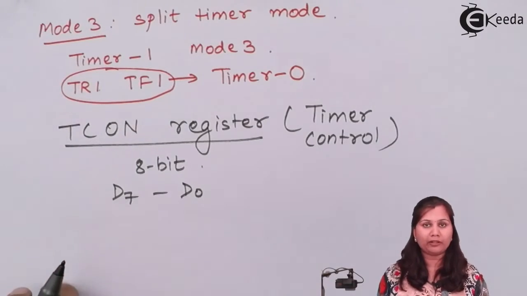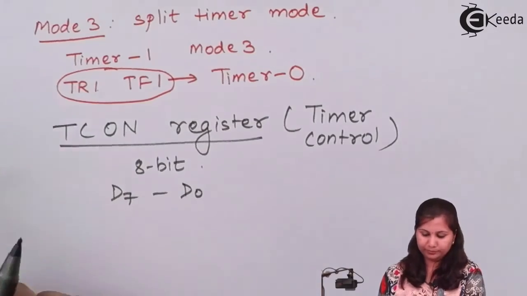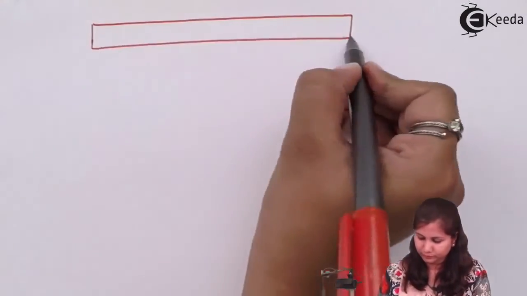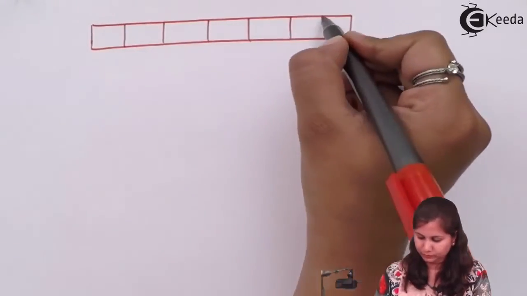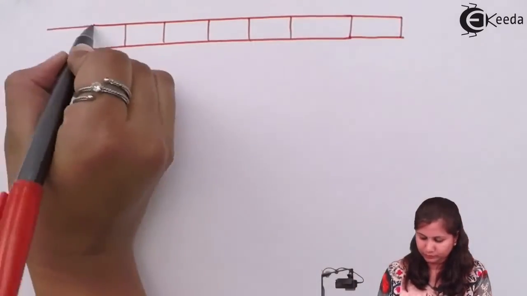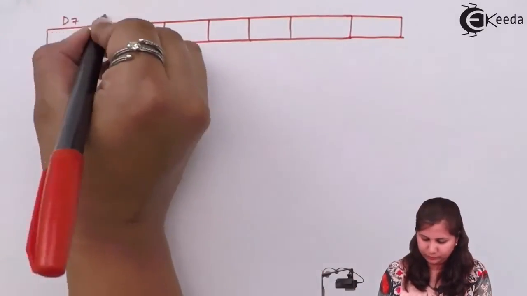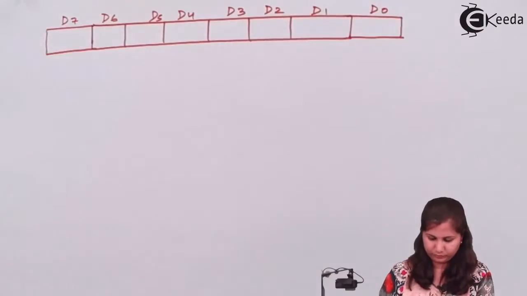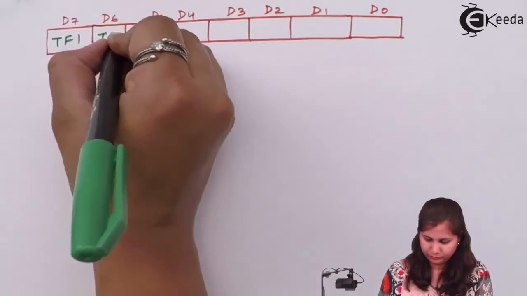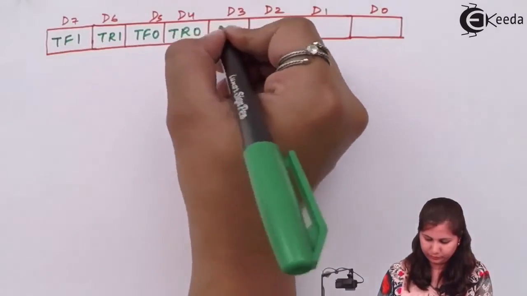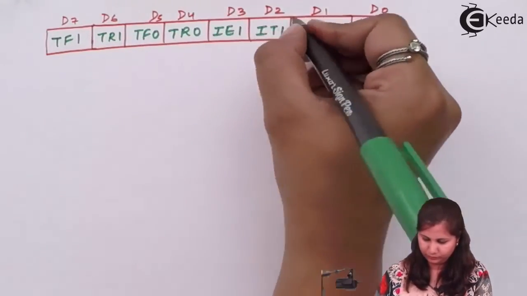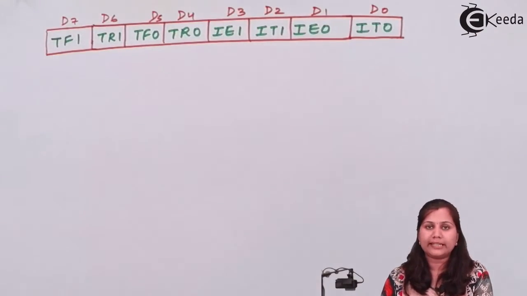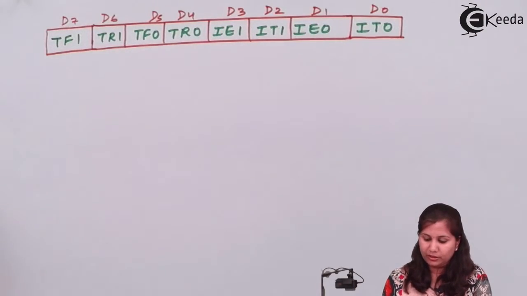Let's see the format of this TCON register also. So these are the 8 bits of the TCON register.